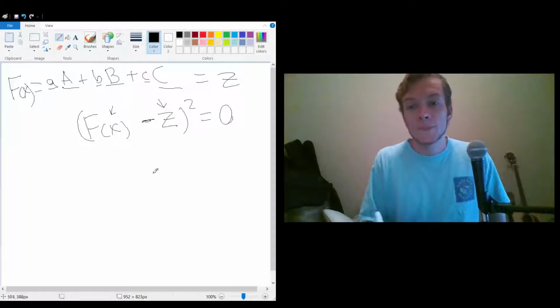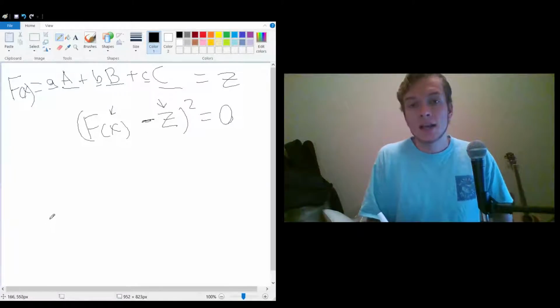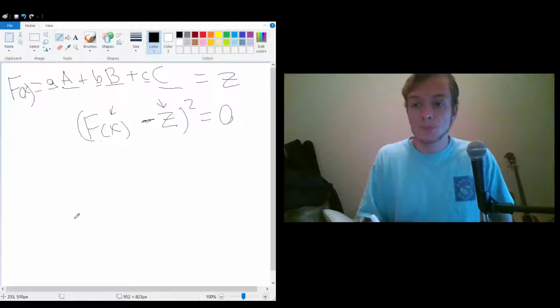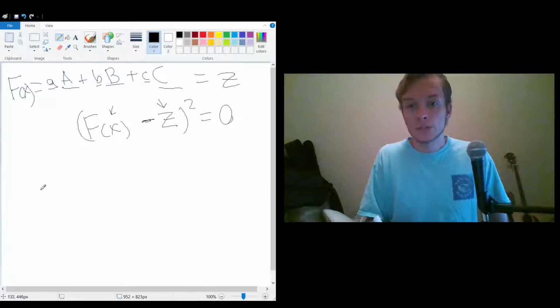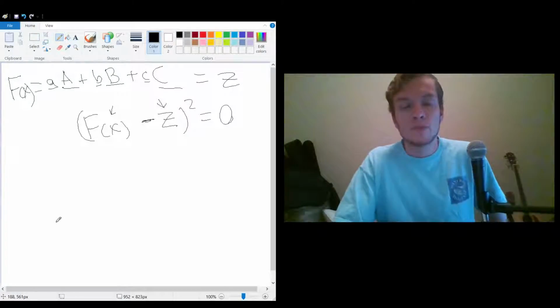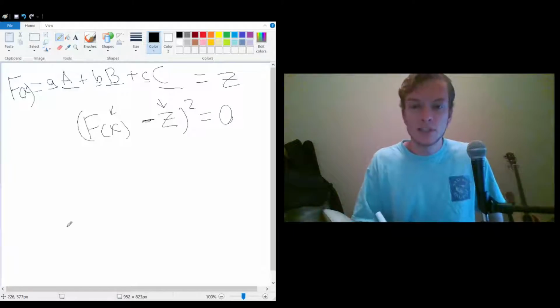So what I have to do for this is essentially do Newton-Raphson for each individual variable here. Since this is our equation, we have to create three equations, and this is a part I've been a little iffy on, whether or not I'm doing it correctly. Please let me know if you see any problems with this.